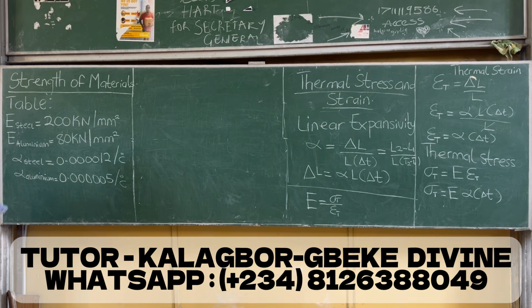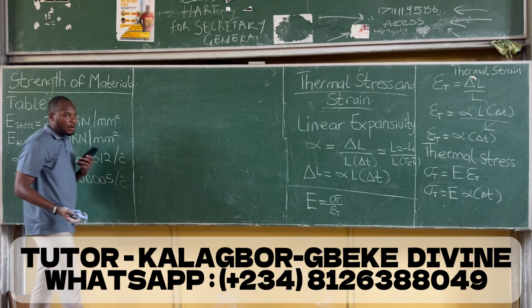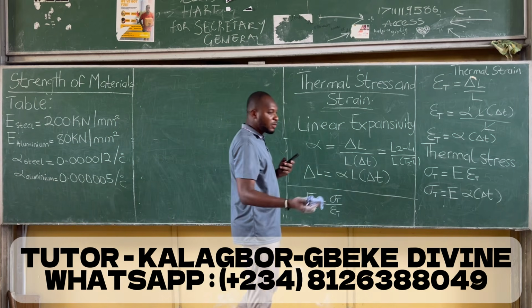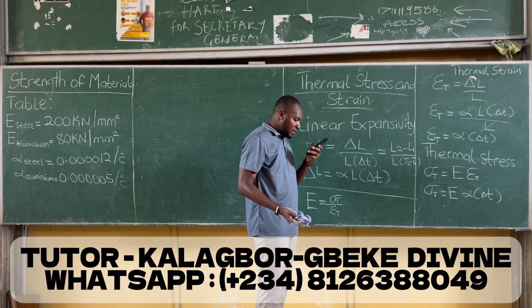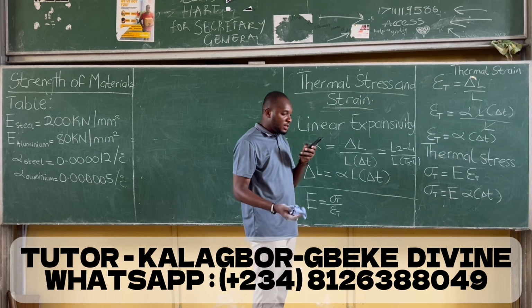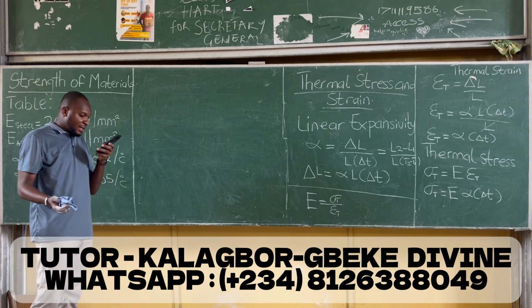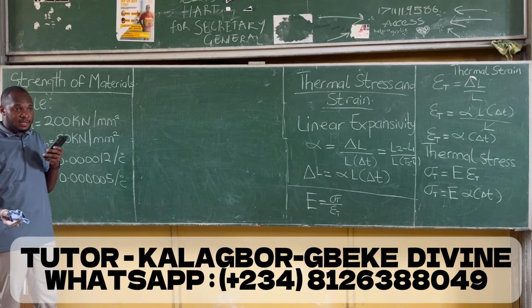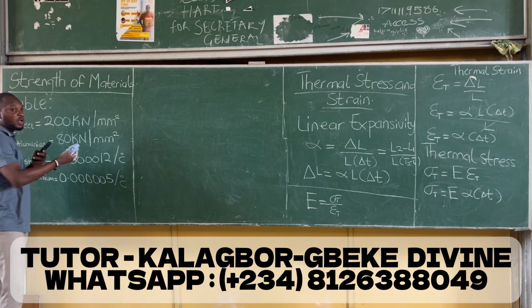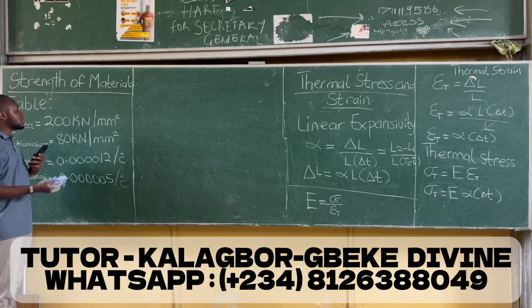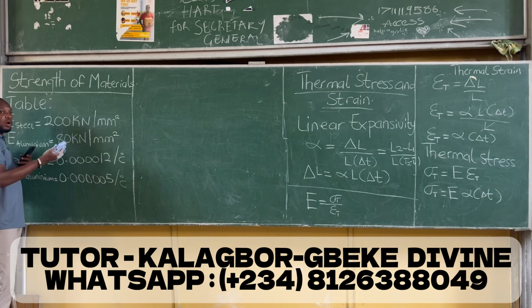So depending on what they give us, read the question now. Did they give us diameter? And the diameter was also in millimeters, right? So you're not converting that one. You must look at the constant, then work with the constant.